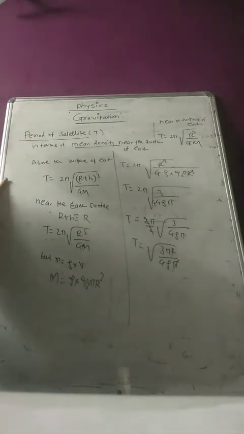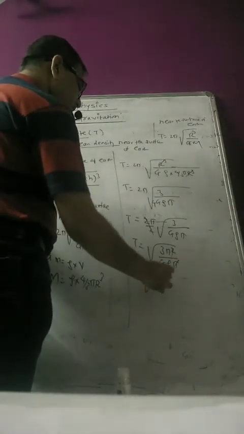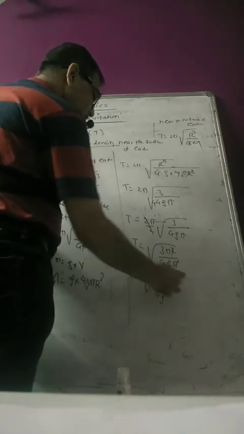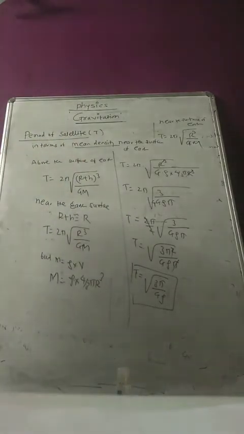Pi will get cancelled. So therefore T is equal to √(3π/Gρ). This is the expression for time period in terms of density.